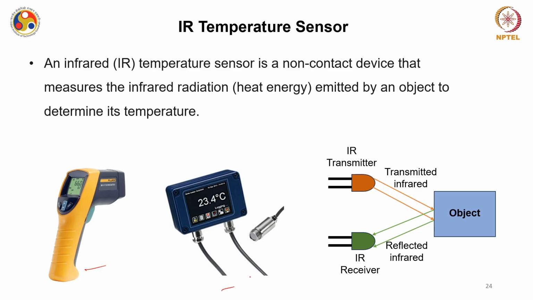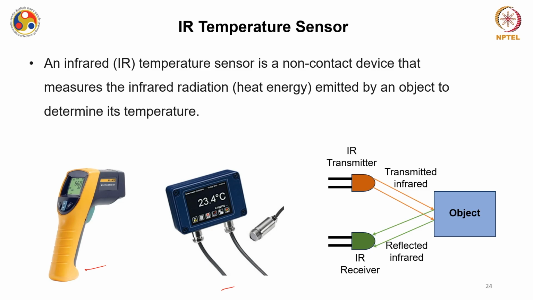And it is available in various form factors. Some of them I have demonstrated over here, okay, but this is just limited. It is available in several distinct form factors, okay. So the basic concept is, if a body is heated, okay, it will emit some infrared light.